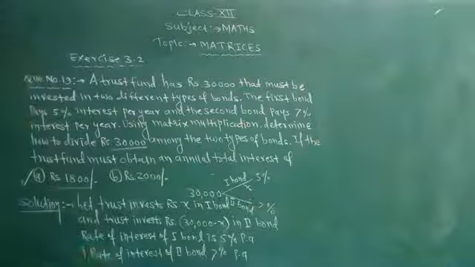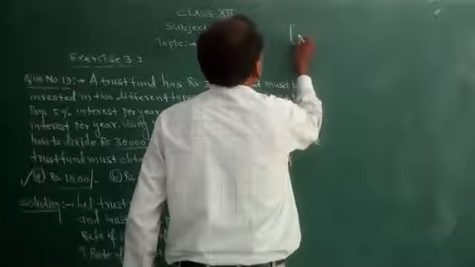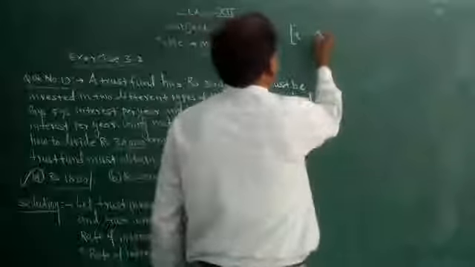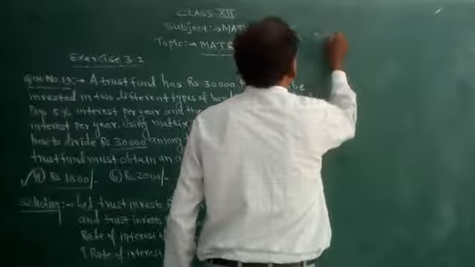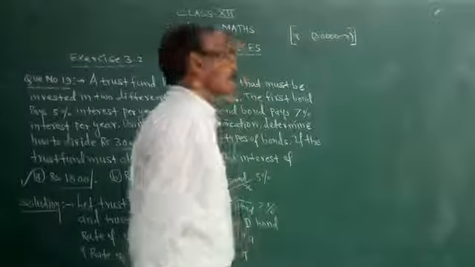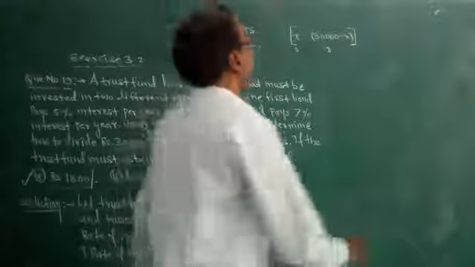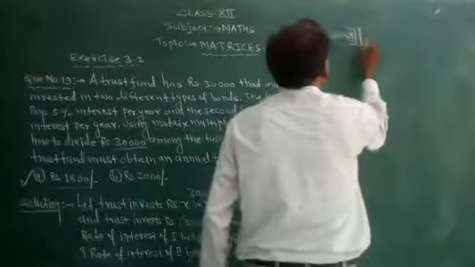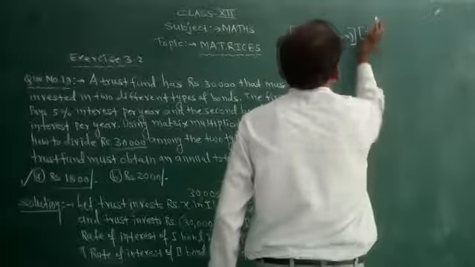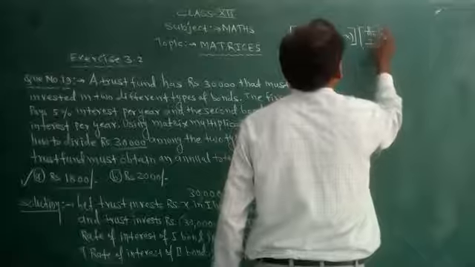Now this information can be written in matrix format. So trust is investing rupees X in the first bond. So remaining 30,000 minus X, this much amount will be invested in second bond. This is first bond, this is second bond. Now the rate of interest for the first bond is 5%, that is 5 upon 100. And the rate of interest for second bond is 7%, that is 7 upon 100.